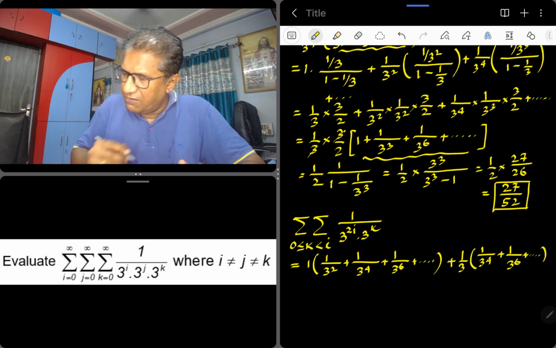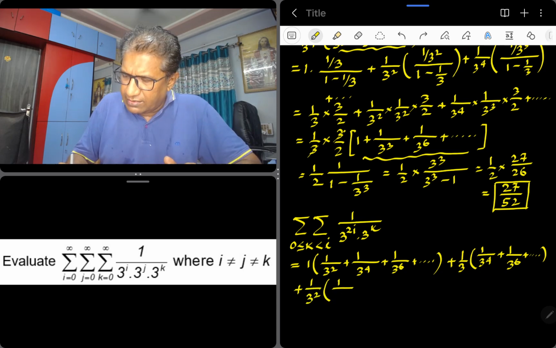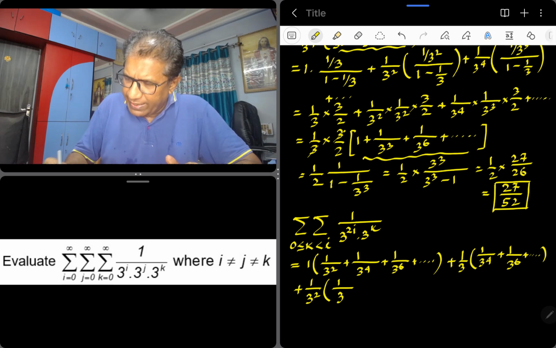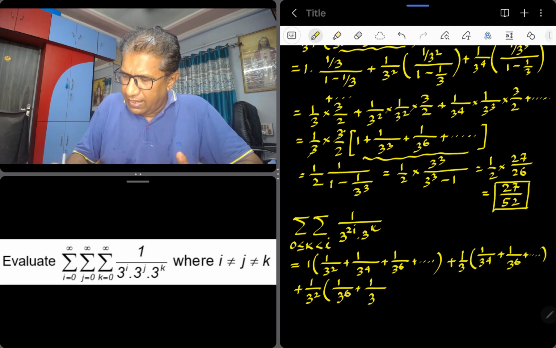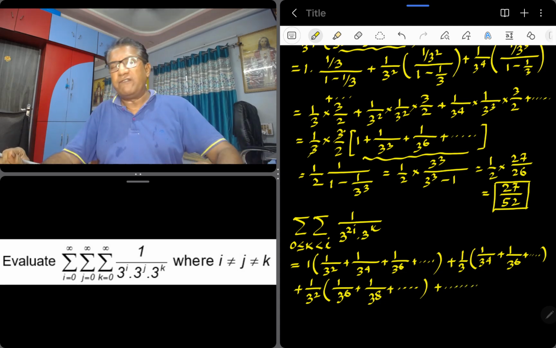This thing goes on till infinity. Now k will take the value 2. So it will be 1 over 3 square, and i will start taking the value from 3. So it will be 6, 8, and this thing goes on till infinity, plus this thing goes on till infinity, right?